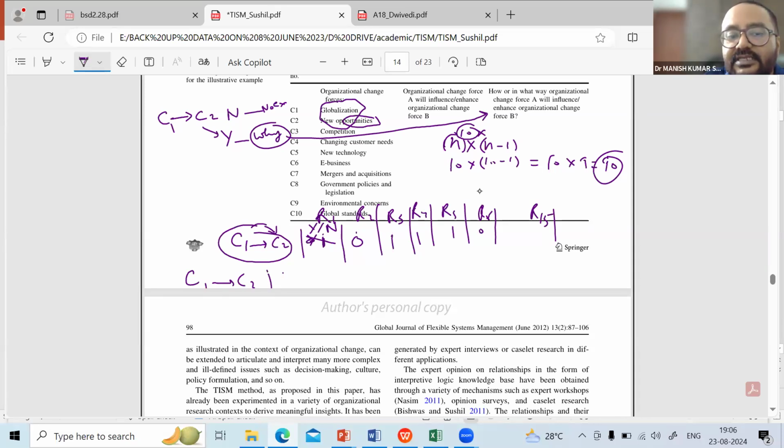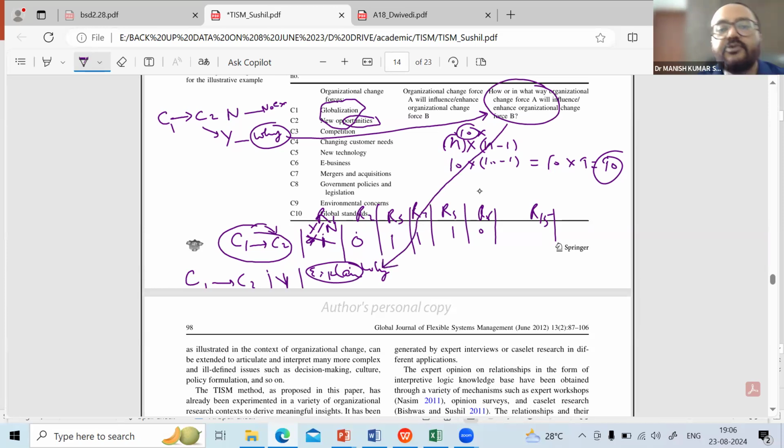If your answer is yes, give 1 mark. You can write yes also, or 1 mark also, no issue. If it is yes, then you have to explain why. So that is interpretation. So this relation is coming from here.